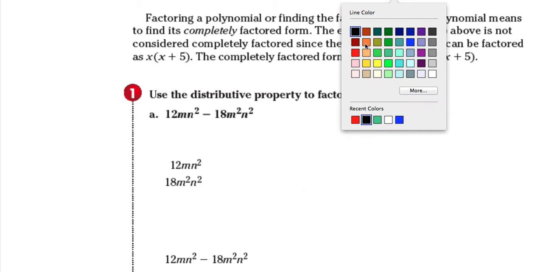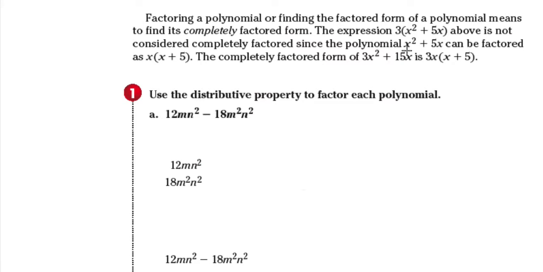Let's use red this time to underline it. Factoring a polynomial or finding the factored form of a polynomial means to find its completely factored form. So that means when you cannot factor a polynomial anymore, it is in a completely factored form.